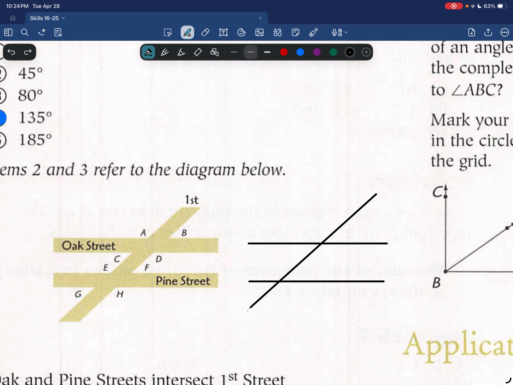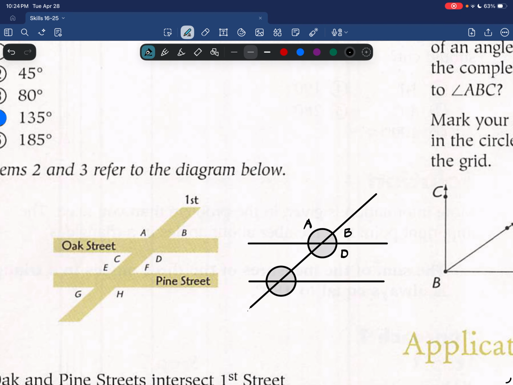Let me do this. I'm going to draw a circle right here and a circle right here. All right, so angle A is right in here. Angle B is right in here.